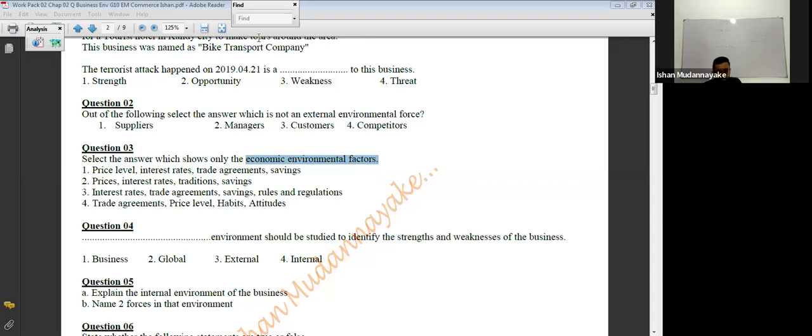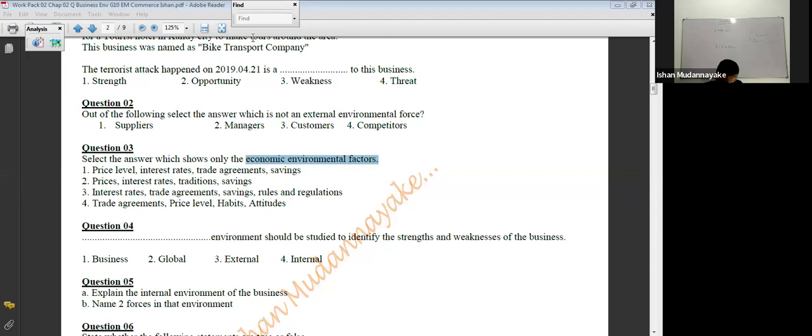I got one answer from Suwani. Suwani, check the answer again. What's the answer for question number 3? Only economic environmental factors. What's the answer?